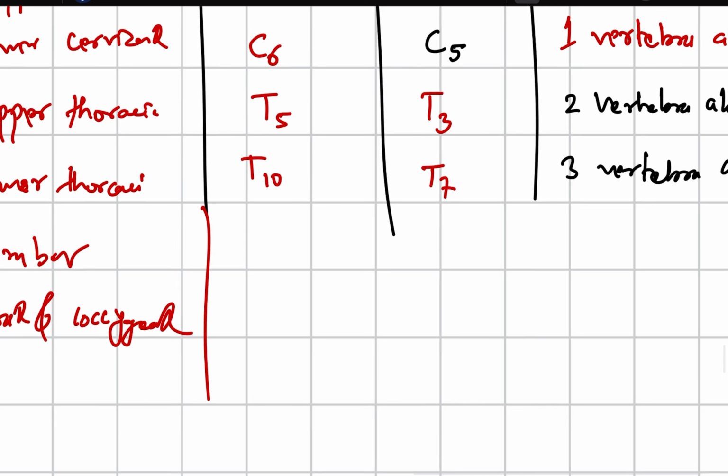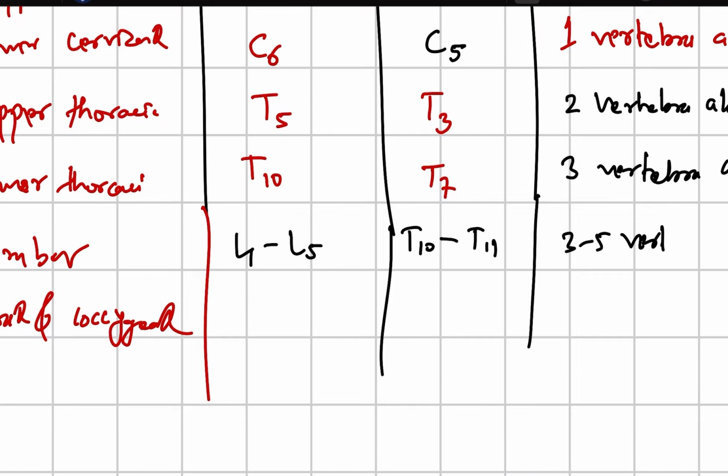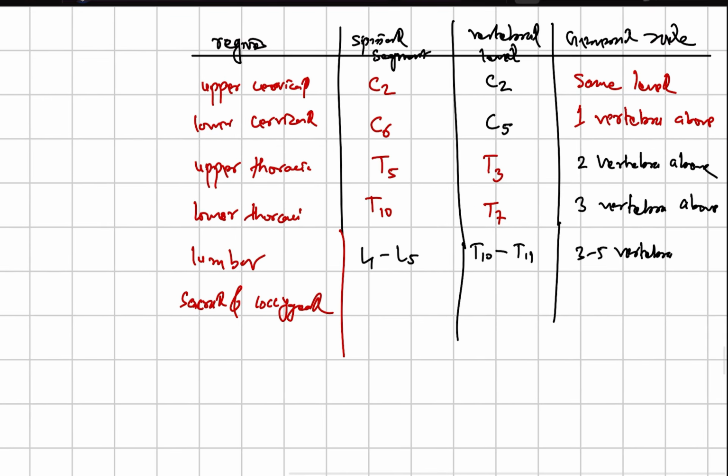Again, for the lumbar segments, L1 to L5 lie at about T10 to T11, which is 3 to 5 vertebrae above.